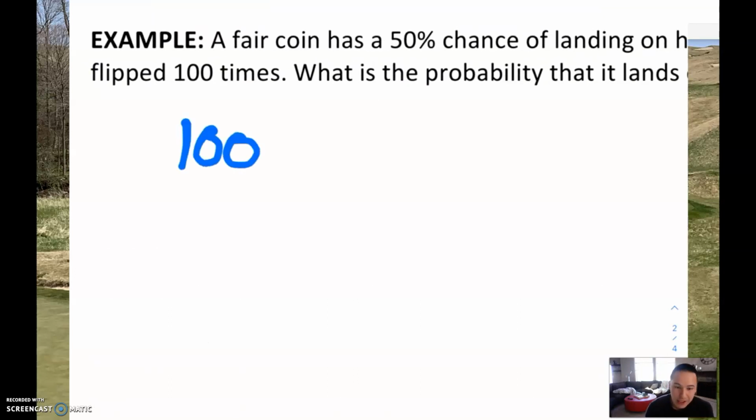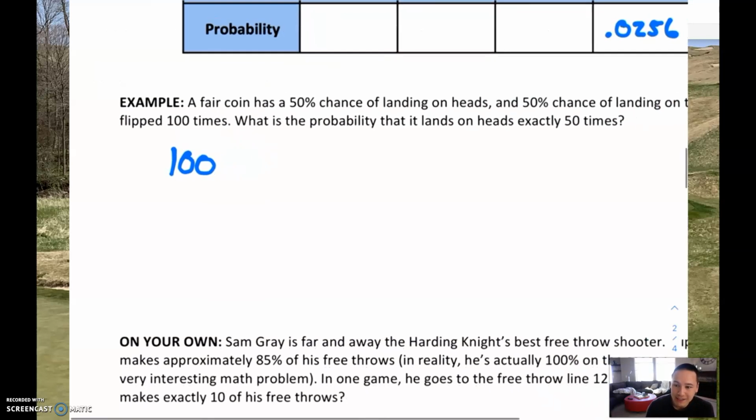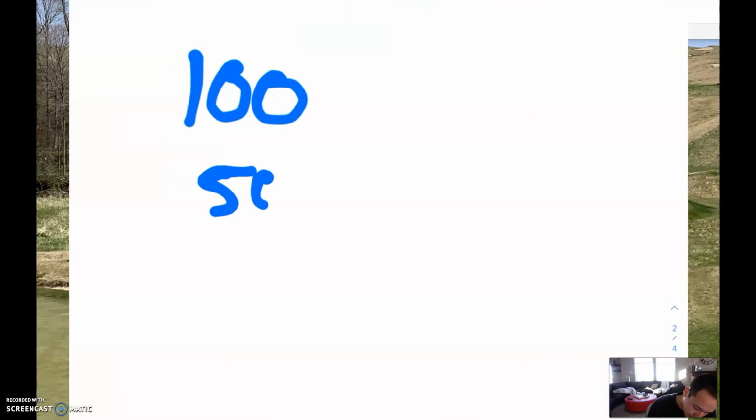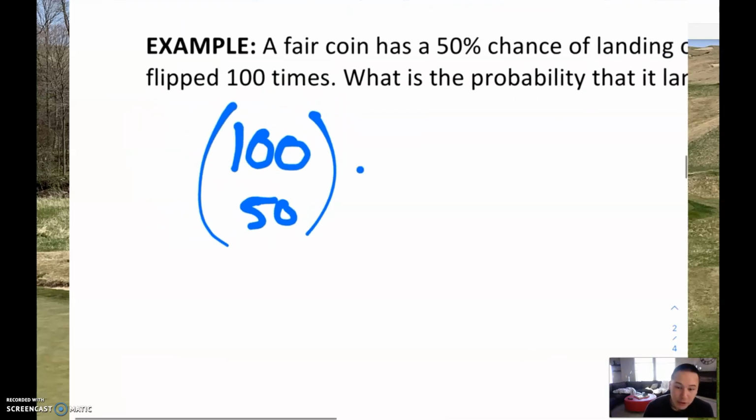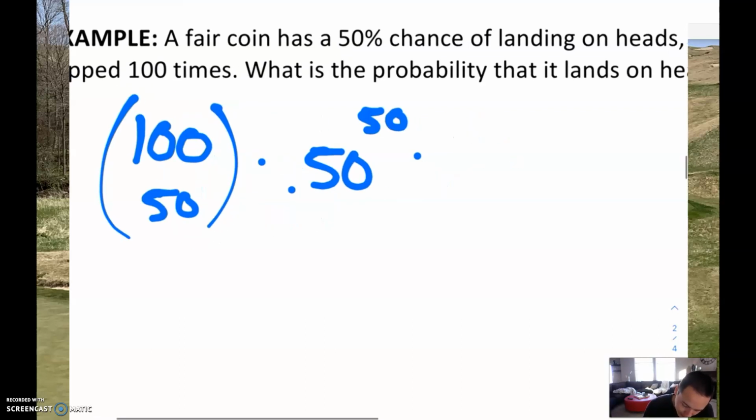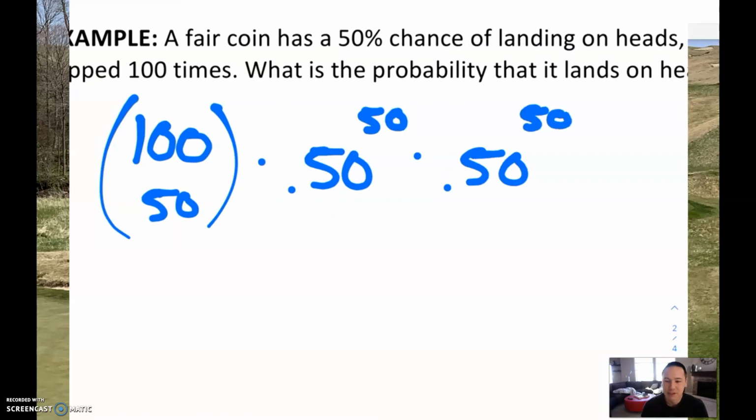So we're going to do 100 and we're choosing, it has to land on heads exactly 50 times. And then the probability of success in this case is 50%. And that has to happen 50 times. And the probability of not success is also 50. And that has to happen 50 times.